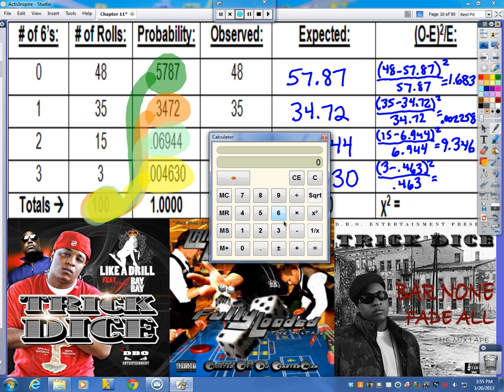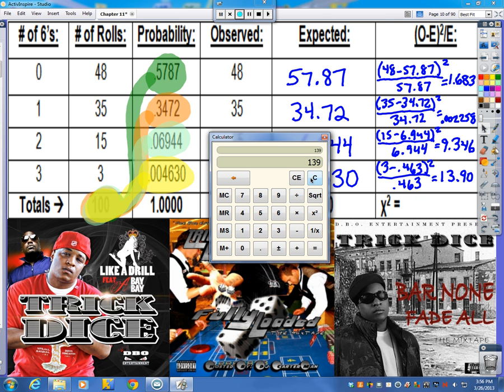And last but not least, 3 minus 0.463 equals, squared, divided by 0.463 equals, ooh, big number, 13.90, basically.